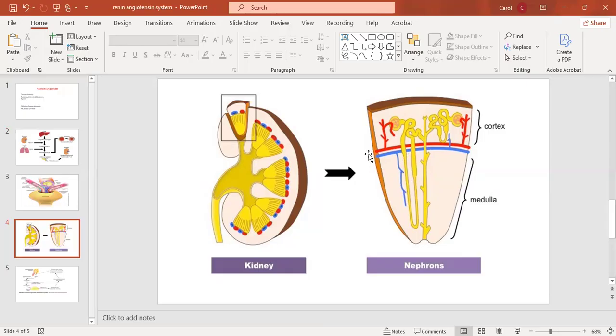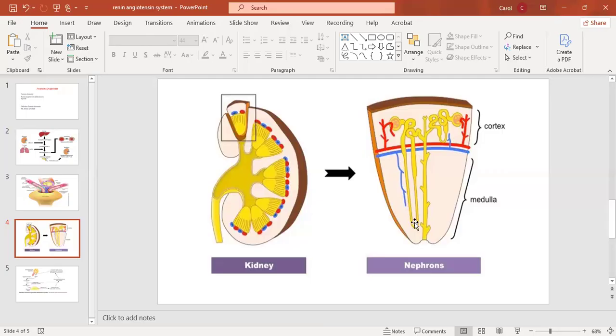Now, in a person in whom the renin-angiotensin system has been activated, aldosterone is coming to work on these renal tubules, and it will increase the reabsorption of sodium from the renal tubules.